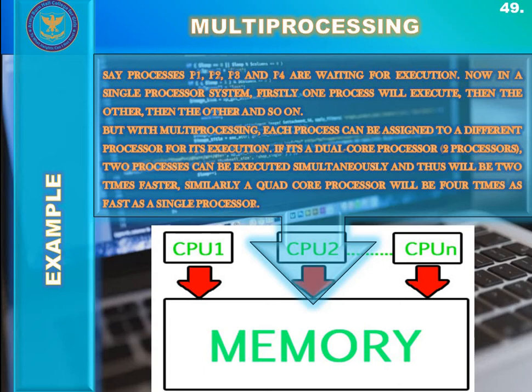Similarly, if there is a quad core computer system which has 4 CPUs inside it, each CPU would be able to handle 1 single process each, and that quad core computer would be 4 times faster than the single processor computer. So this diagram is very easy to explain.